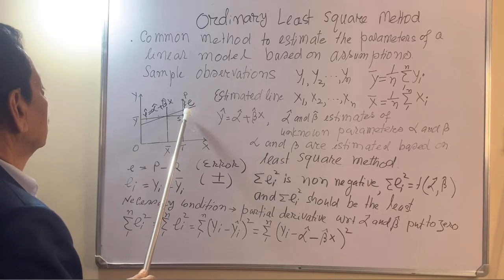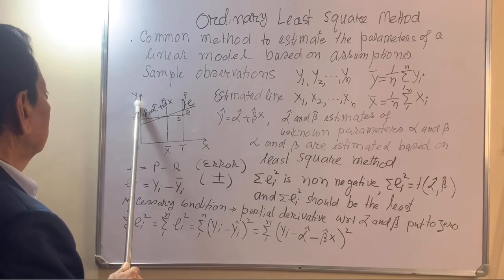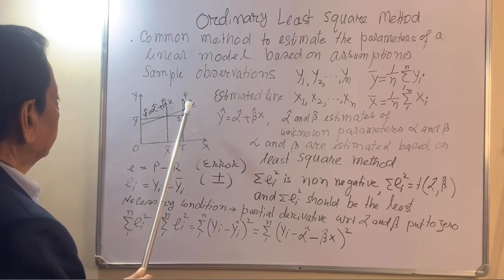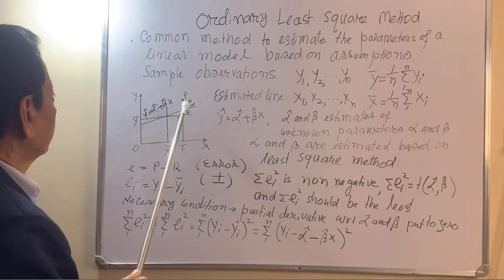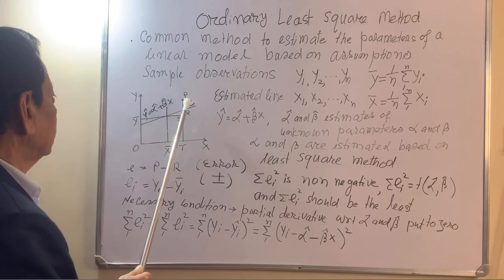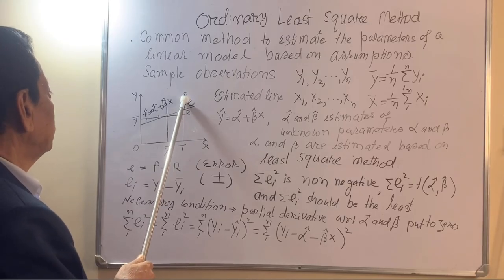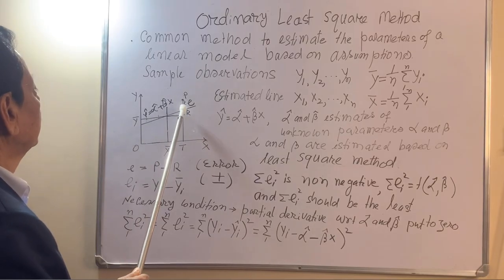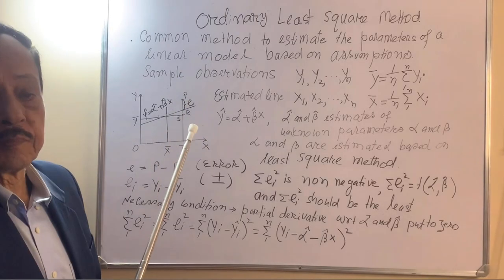So the y will be somewhere here, and the difference between the point P and the point on the average line is called error.